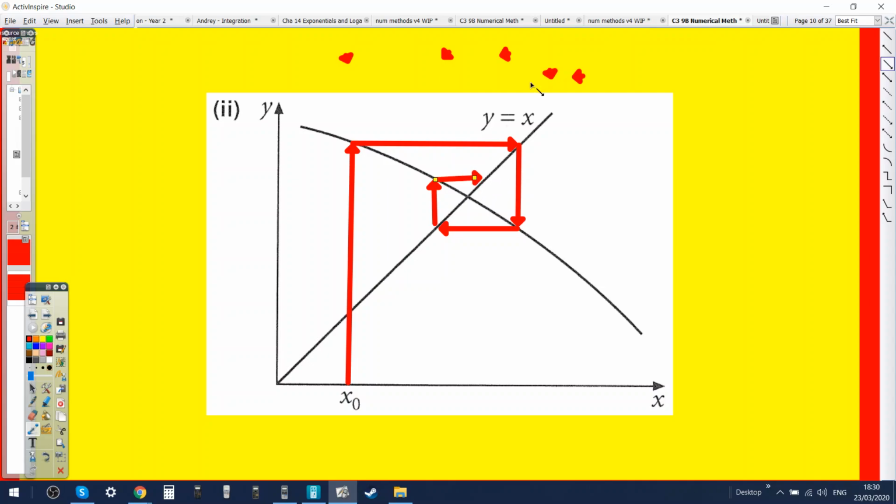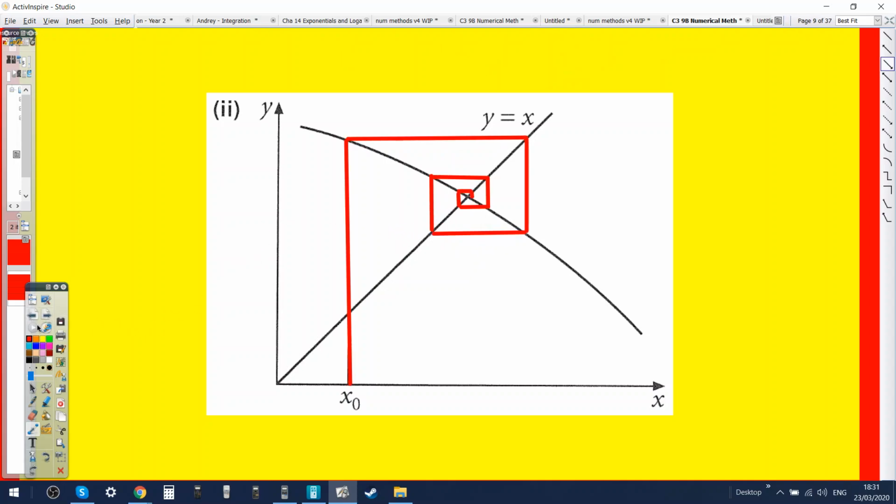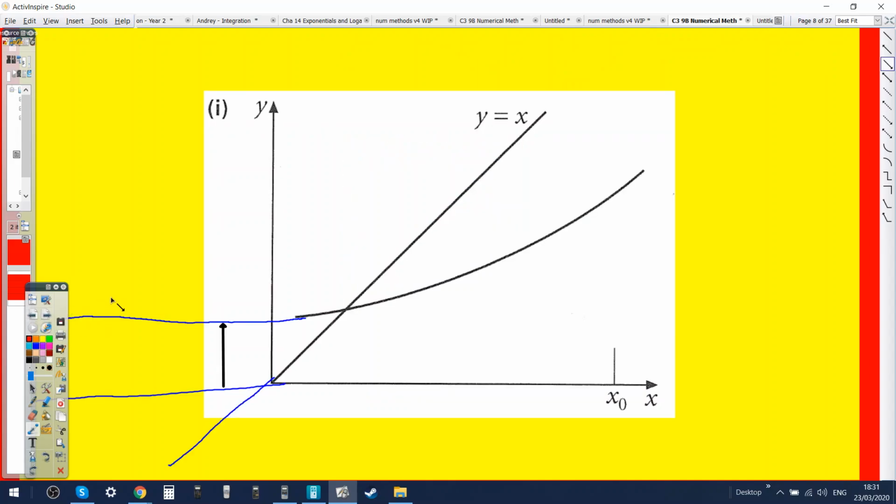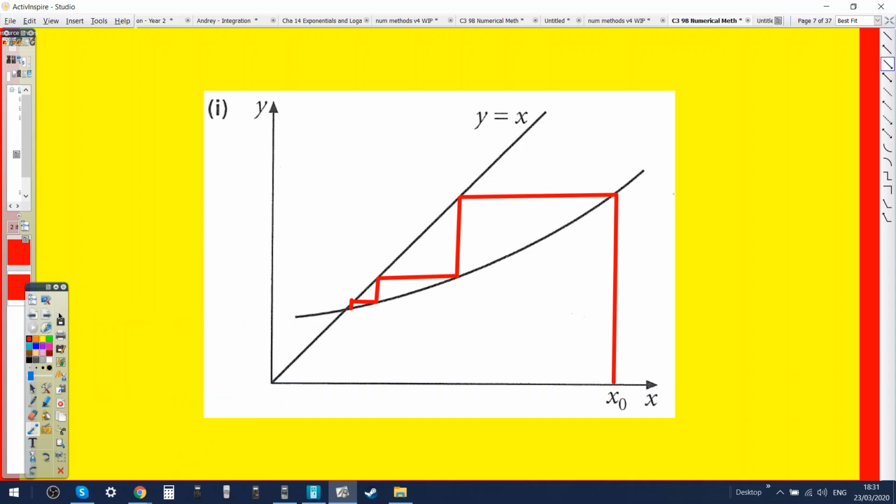So when you do it before, when we had the simple increasing and y equals x, do we always solve to the right? With the staircase one? So with the staircase, does it always solve to the right? No. This one's moving to the left.